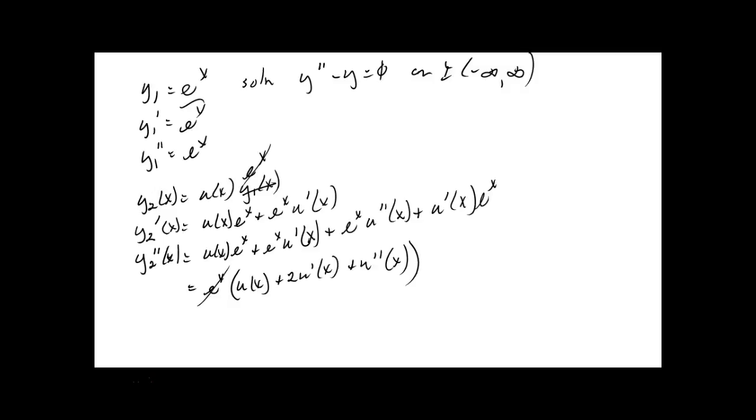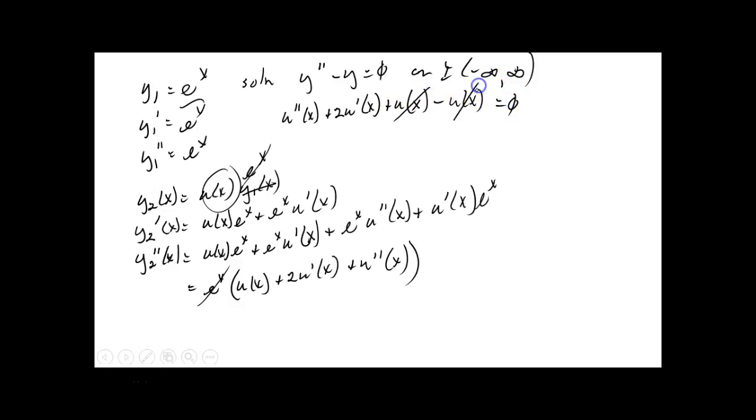So basically, what we have here is that u double prime of x plus 2u prime of x plus u of x minus u of x, that's from the y part, is equal to 0.